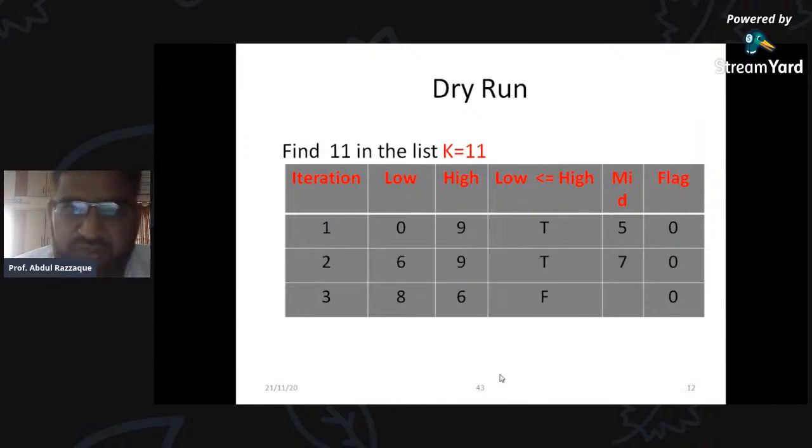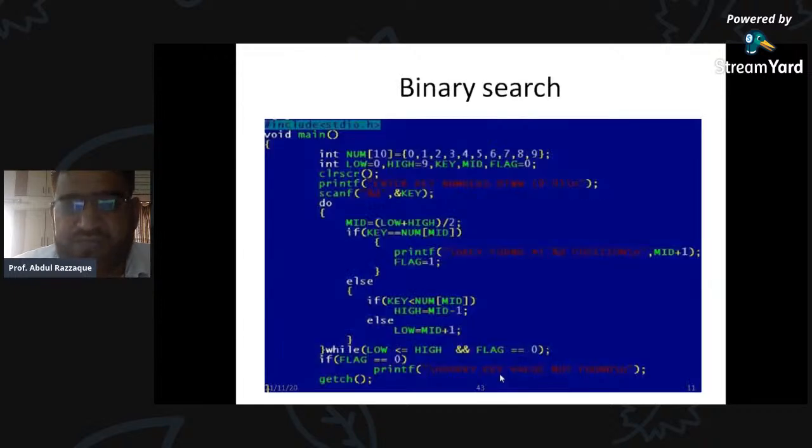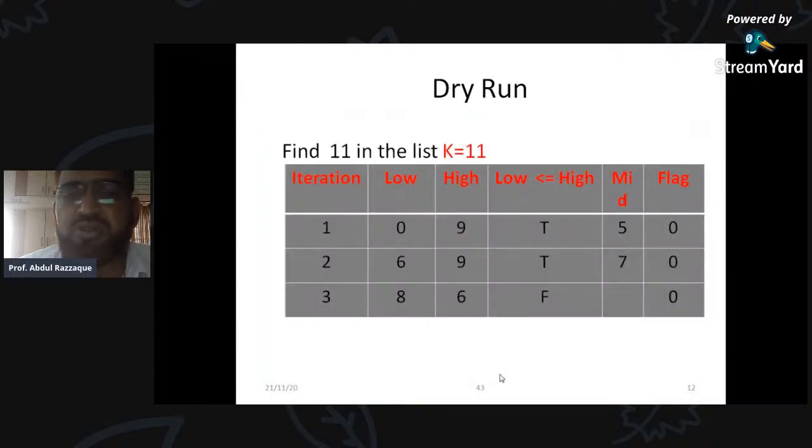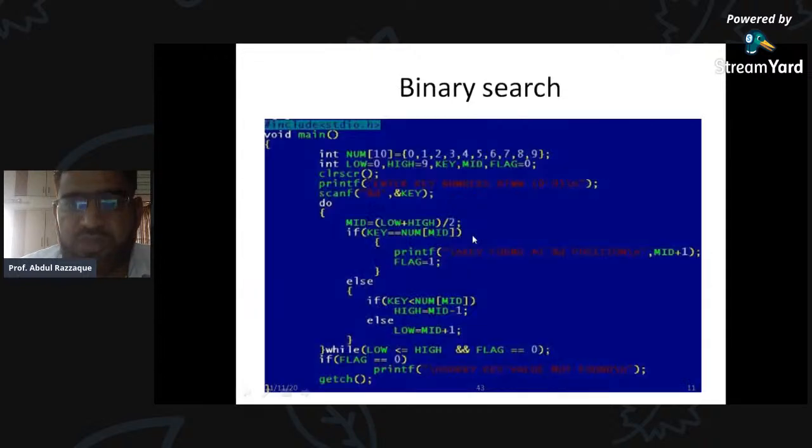We are trying to find 11 in the list. So k is 11. In the first iteration, my low will be 0 and high will be 9. Low is less than or equal to high.